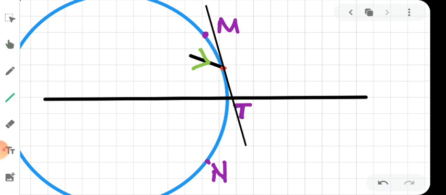Before applying the law of refraction, we need to understand how the normal behaves. At the point of incidence, the normal is perpendicular to the tangent. So the normal should be perpendicular to the tangent.